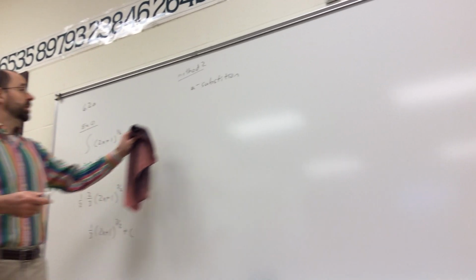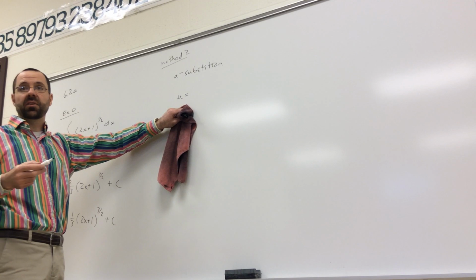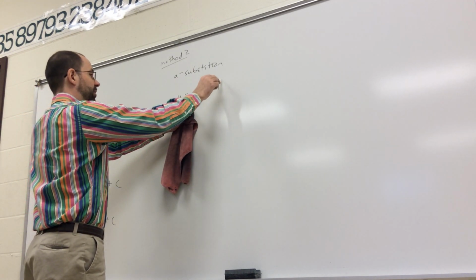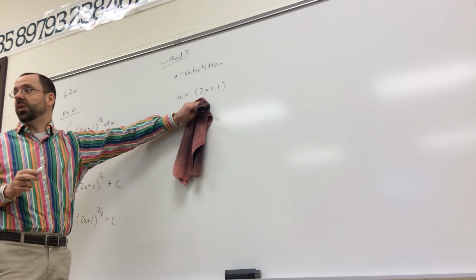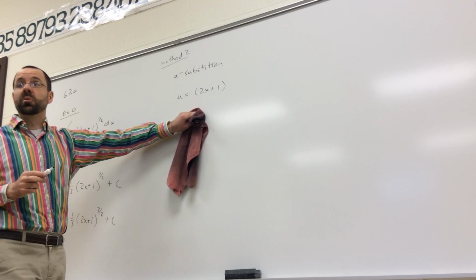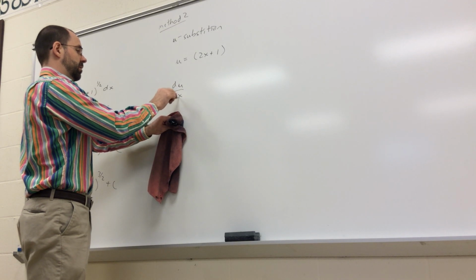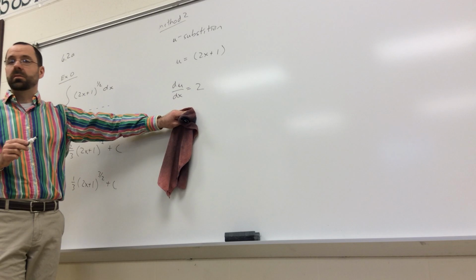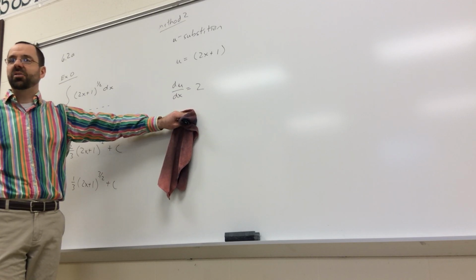Okay, so what you do is you make U equal to the inside function. So the function that's being raised to the 1/2 power is 2x plus 1. So that's what you let U equal. Okay, then you take the derivative of that. We kind of said this out loud earlier, right?